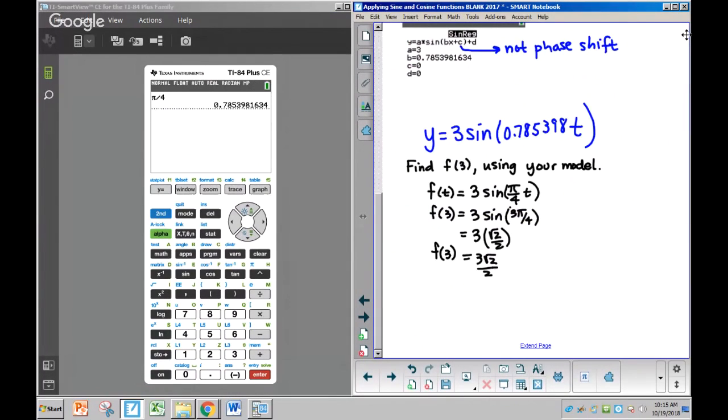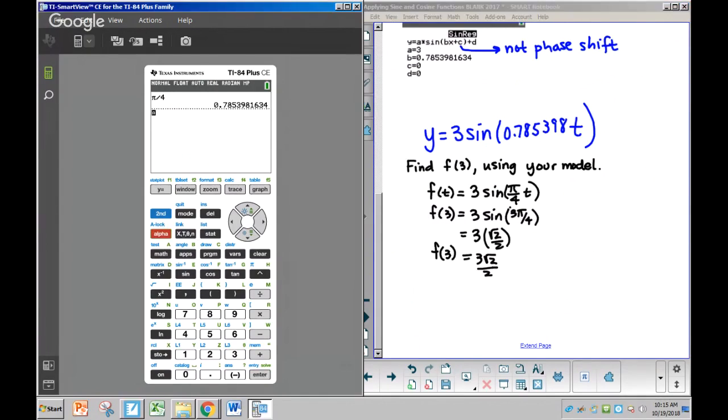Now, I put this equation, the very first model that we did, in Y1, didn't I? We could say alpha F4, which function do I want? Y1, and I could choose parentheses 3. Have we done this before?